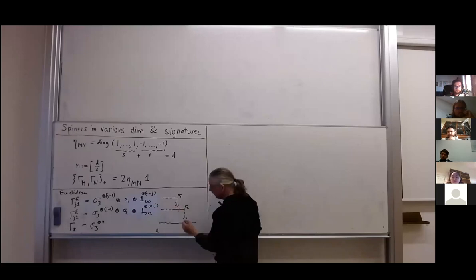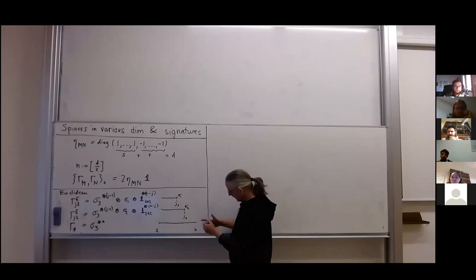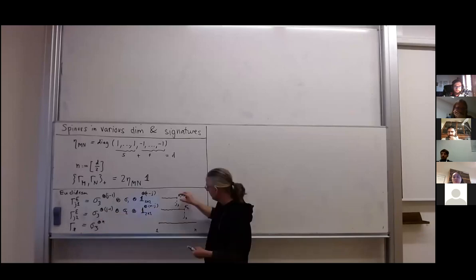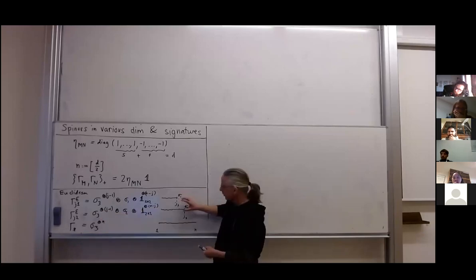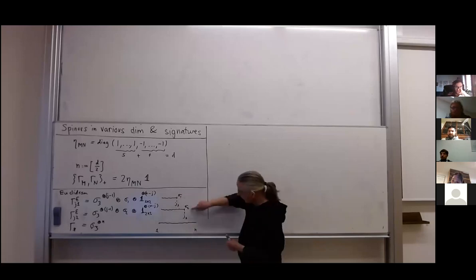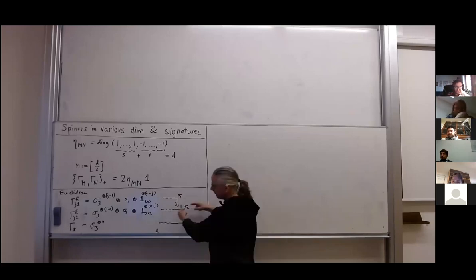Say that j1 is less than j2, then the sigma 1 would meet a sigma 3 inside the half string. And when sigma 1 meets that, it would anticommute with that sigma 3, and therefore these two elements would anticommute. Does that make sense? It doesn't matter that I have sigma 1 and sigma 2 here; it could also be sigma 1 and sigma 1, and the same phenomenon will appear.